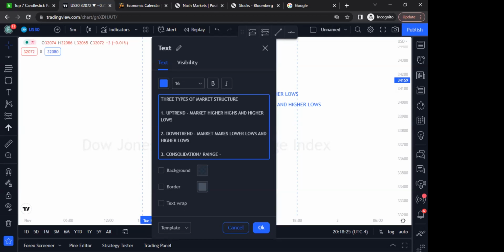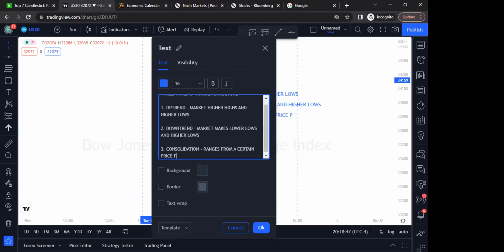So this is basically when, let's see. It's kind of difficult to actually write this one out without actually using the word. So basically, consolidation is when the market ranges from certain levels. Now we'll be showing you guys examples of this, by the way.